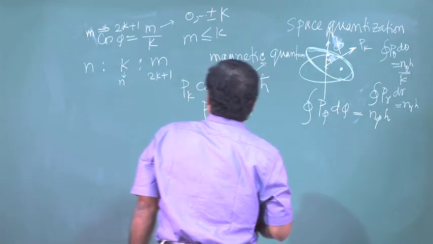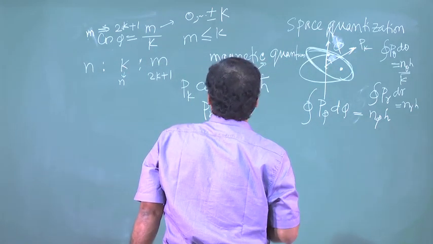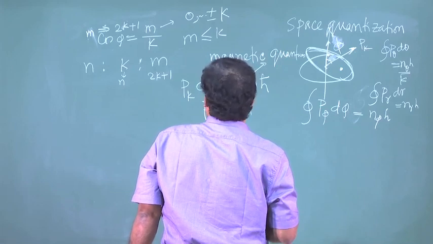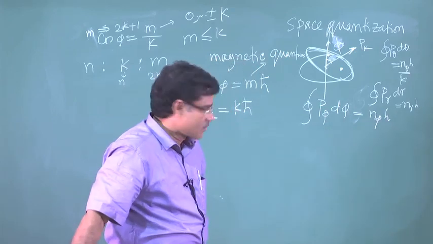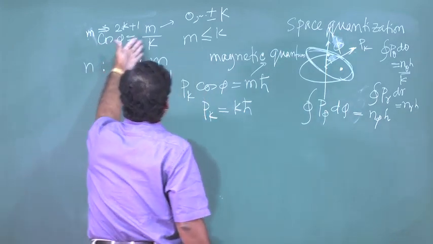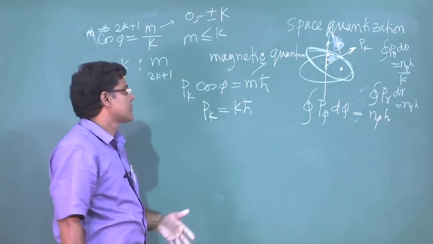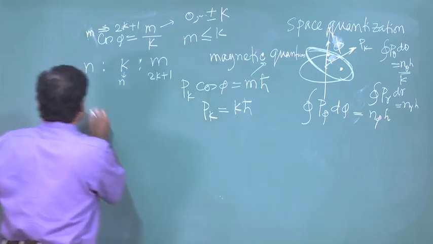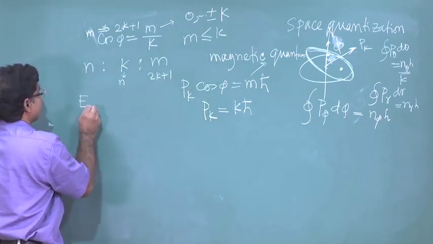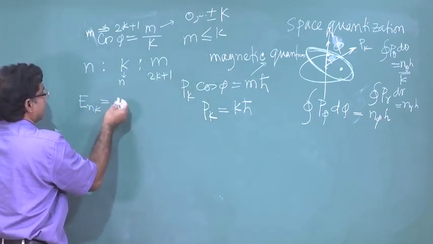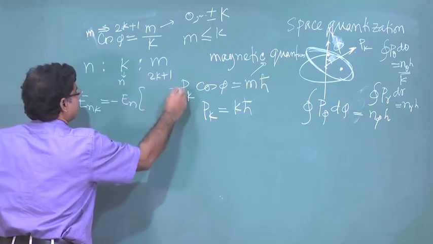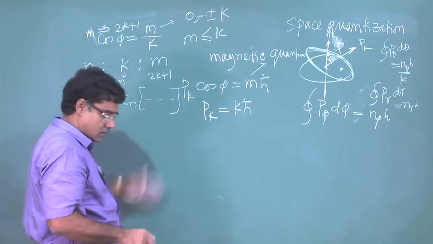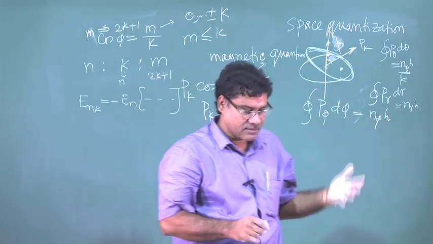So this is the space quantization, and considering the space quantization, the energy expression does not change. The energy expression E n k, whatever we got, minus E n, will not change.